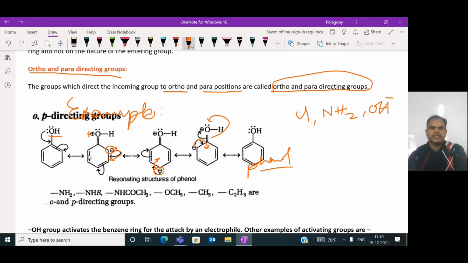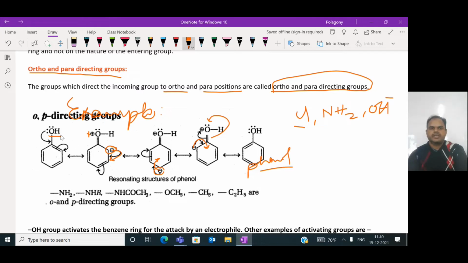As a result of this delocalization, electrons are moving onto the ortho carbon and para carbon. So at this time, the electrophile reagent will attack and will give the ortho product and para product.